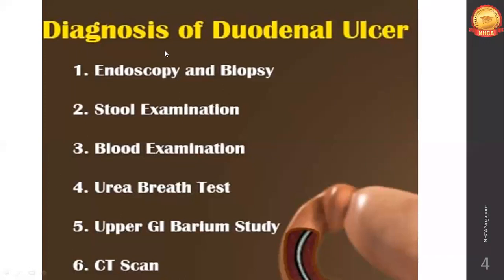Then we do the upper GI barium study, in which a barium swallow is done. The patient is given a flavored barium, orange flavored or lime flavored. Barium is radio opaque.